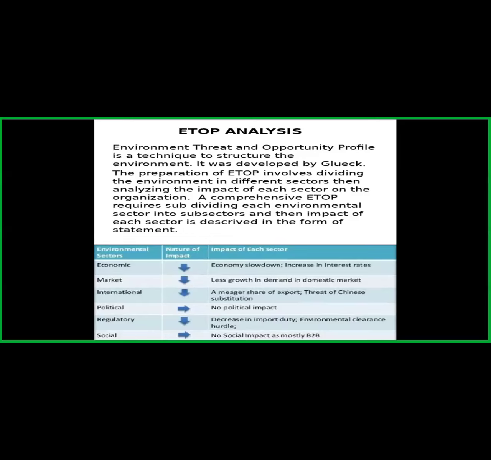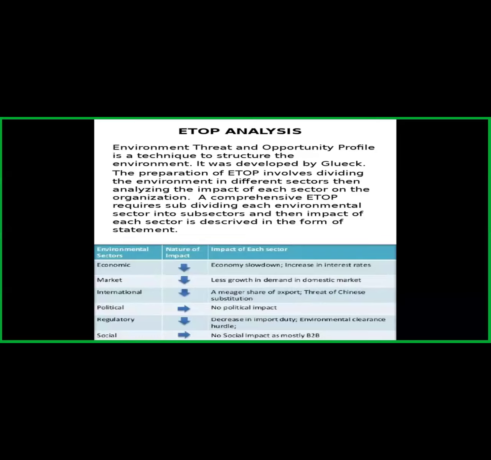Then market, again they have shown the downward arrow. Why downward arrow? Nature of the impact is downward, when there is less growth in demand and domestic market. My company is manufacturing, say, air conditioners.